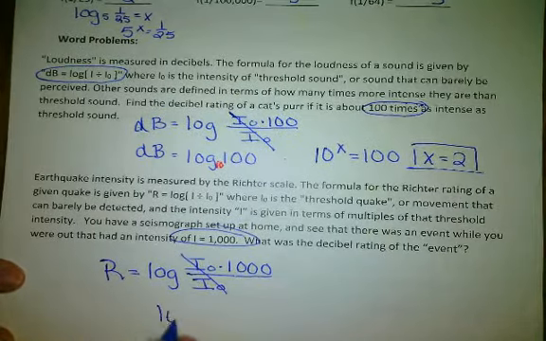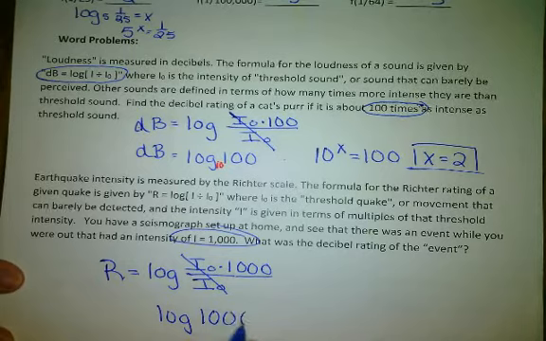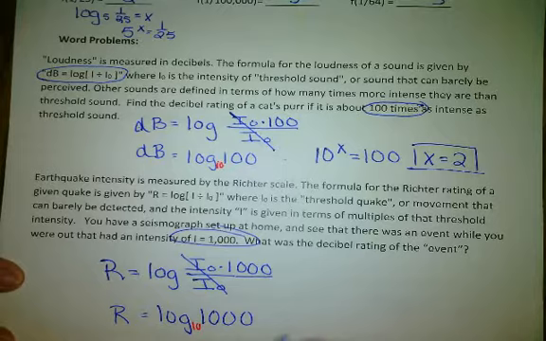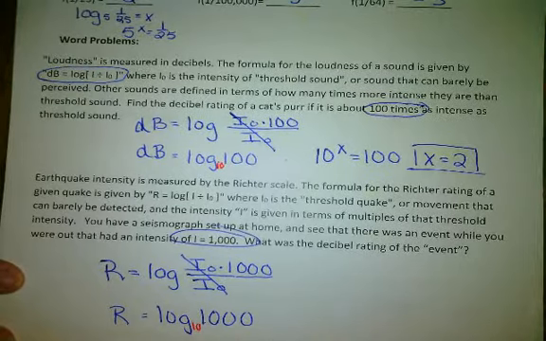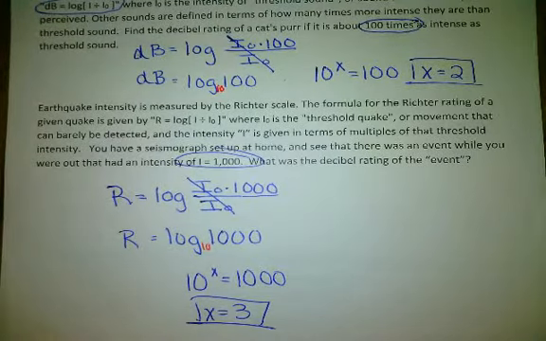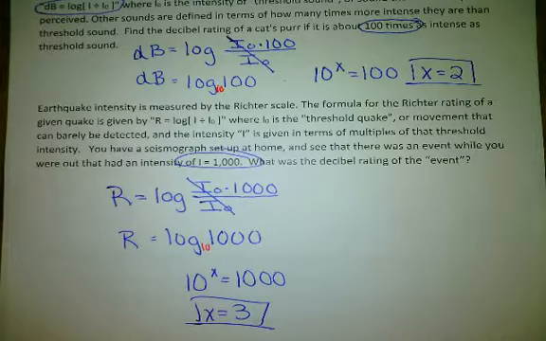Going to do that. Again, I have log 1,000. Again, there's not a base, so it's understood to be a 10. So basically what I'm trying to do here is 10 to the power of x equals 1,000, and then x would equal 3. 10 times 10 times 10 will give you that 1,000.